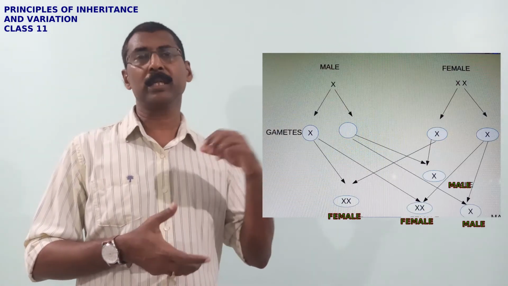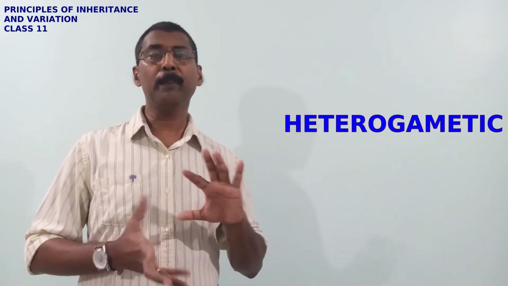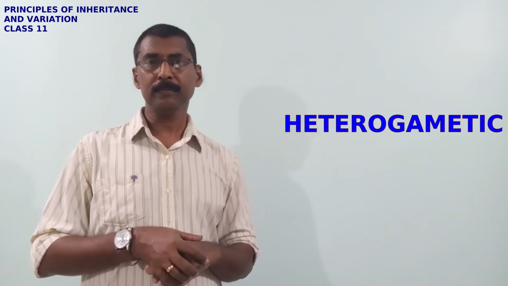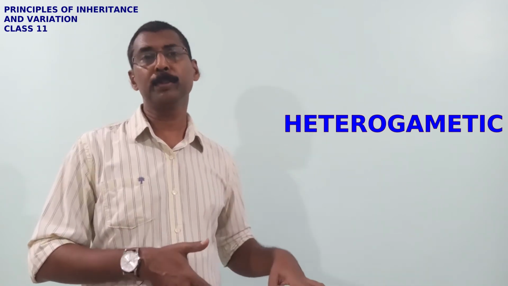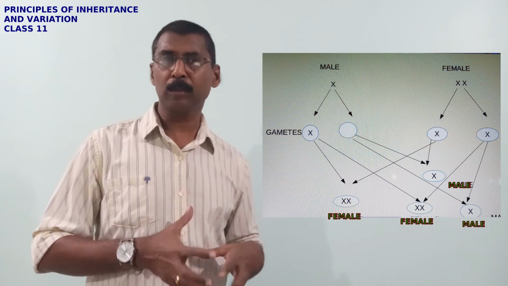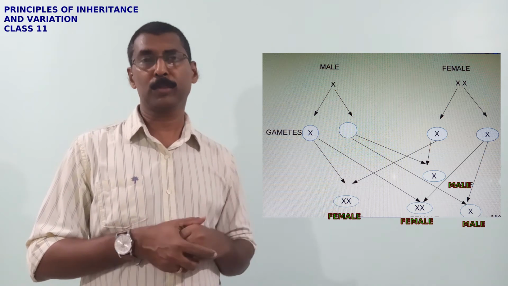Whereas male insects are heterogametic. Hetero means different. Heterogametic. They produce two types of sperms. Half of the sperms with X chromosome and half of the sperms without X chromosome.